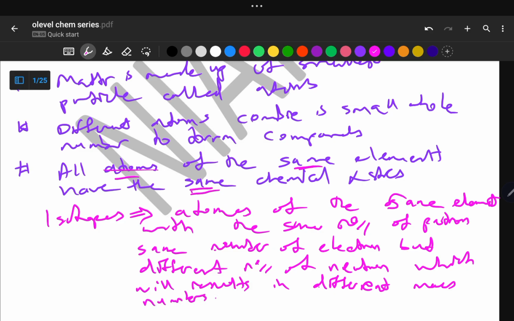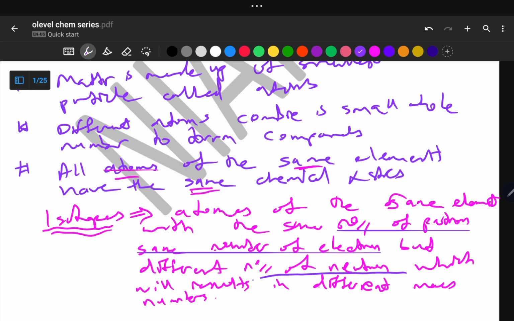You should know the definition of the term isotope by heart. Isotopes are atoms of the same element with the same number of protons, same number of electrons, but different number of neutrons, right? What determines the chemical nature of an atom?